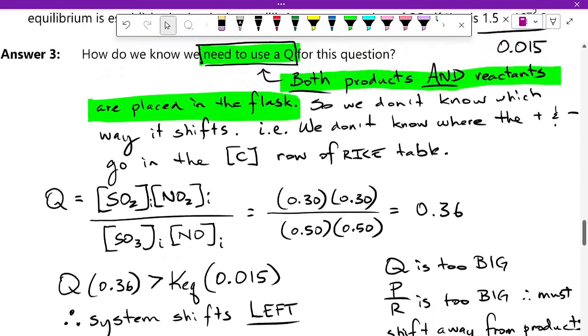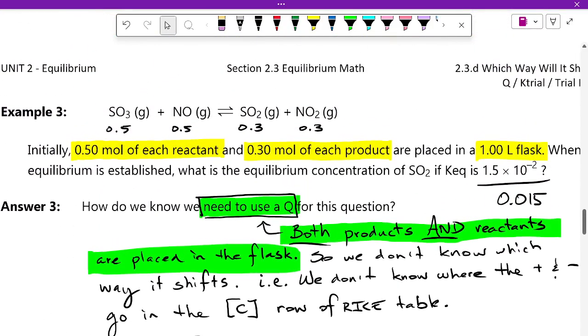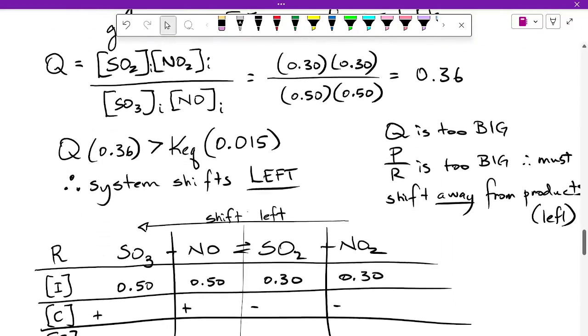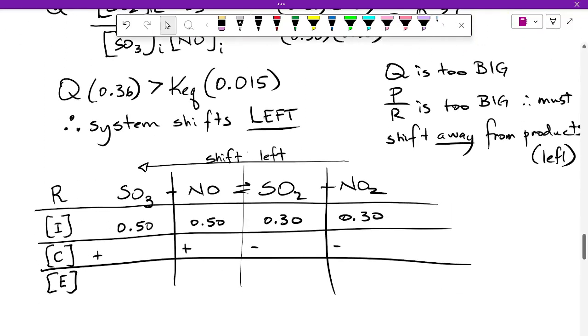Uh-oh. I don't have any equilibrium values. What should I use for my change? I should use X. Is there anywhere where I need to make that into a 2X? No, because none of them have coefficients.